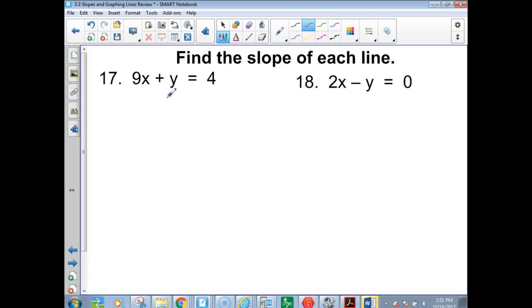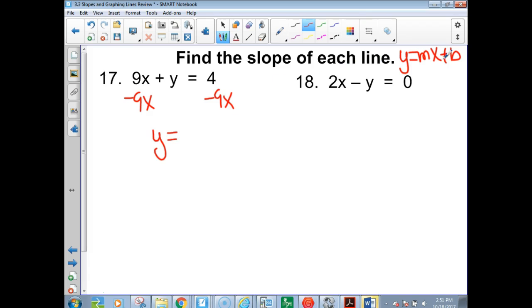Okay. The slope of each line, this is not in the right format. We want it to look like y equals m times x plus b, where I've got the x on the right side, the b over here, and it starts with a y. How can I get this equation to start with a y? All right, let's get rid of the 9x. You've done this before in Algebra 1. So I bring down my y and my equal sign.